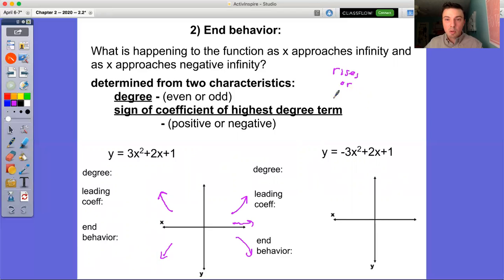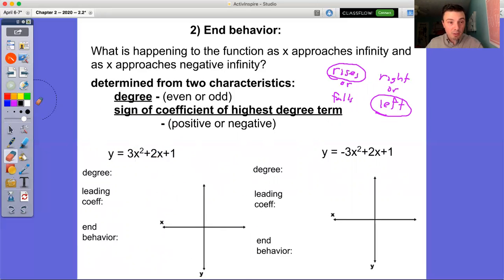It rises or falls as we either go right or left. So I'll show you what that means in a second. So you're going to pick one of these two. Maybe it's like rises as we go left or falls as we go right. I'll explain in a second what that means and how that's going to look.